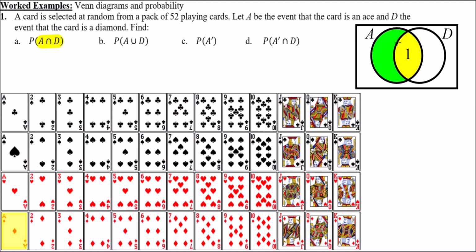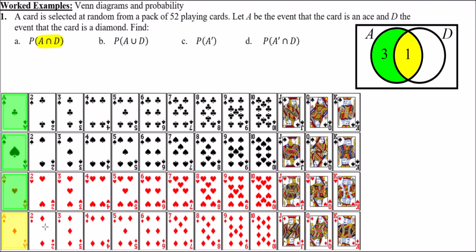So how about the other aces? Aces that aren't diamonds. Well, there are 3 aces above. We've got the hearts, the clubs, and the spades. These 3 here are still aces, and then all the aces have been taken out. So there are 3 aces that aren't diamonds. Next, because we're talking about diamonds, how many other cards are diamonds that aren't aces?